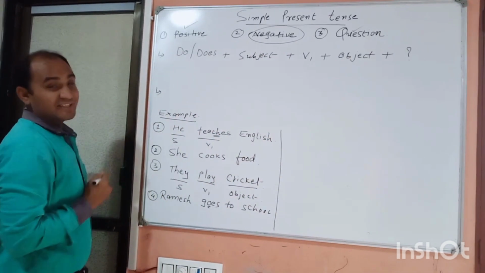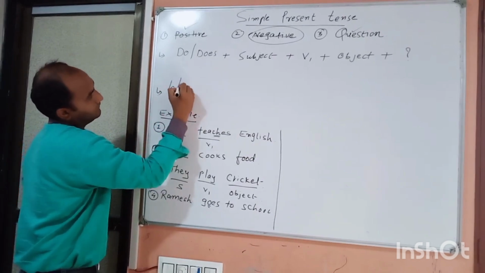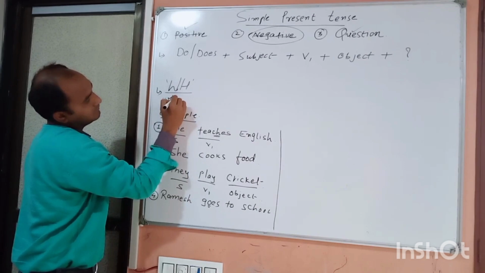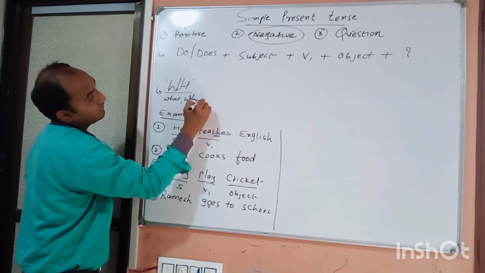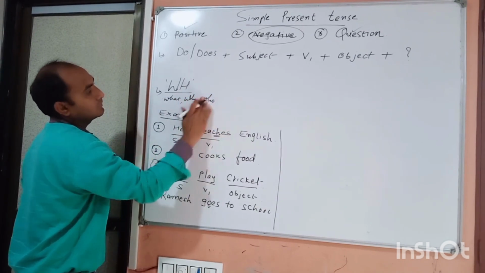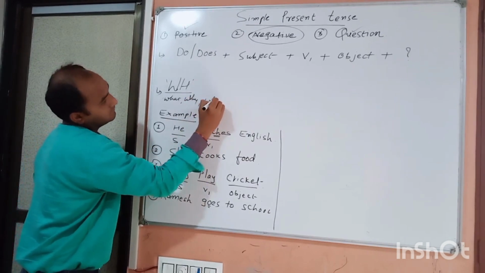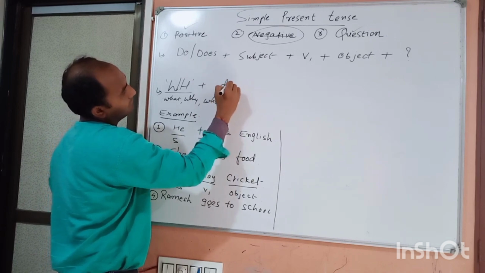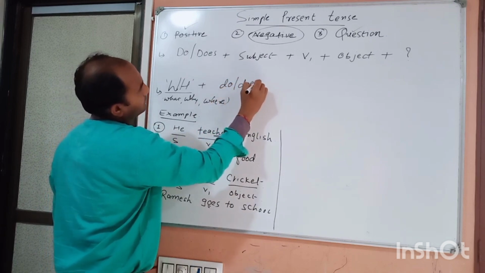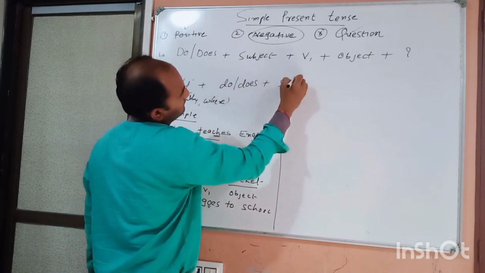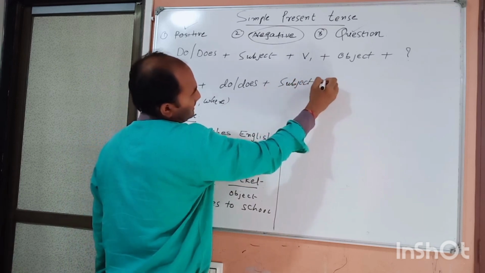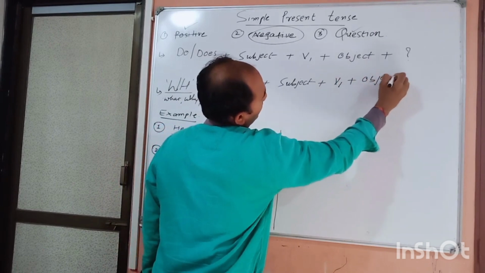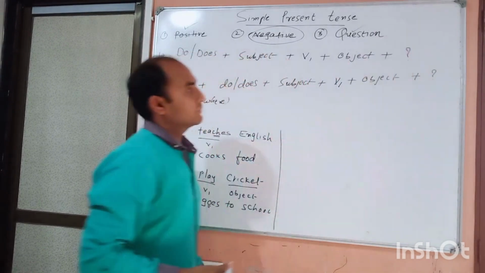And the second structure: WH, that means what, why, who, where, etc. Then do, does plus subject plus V1 plus object plus question mark.